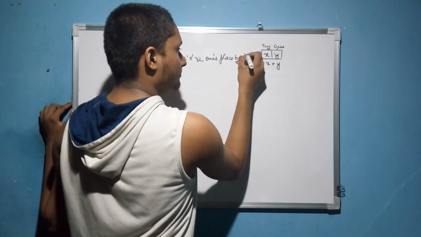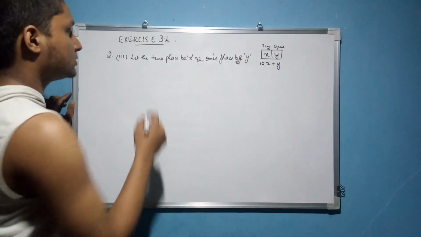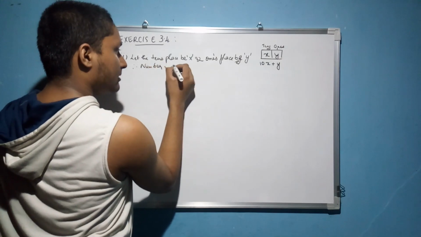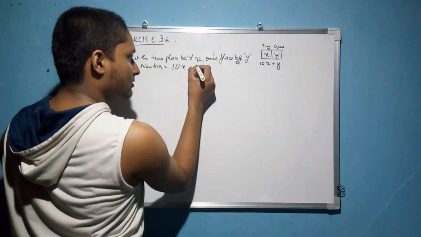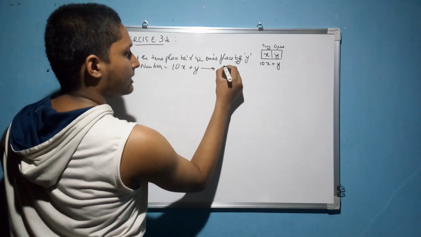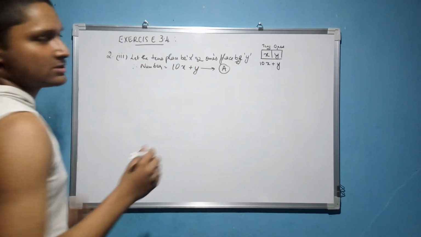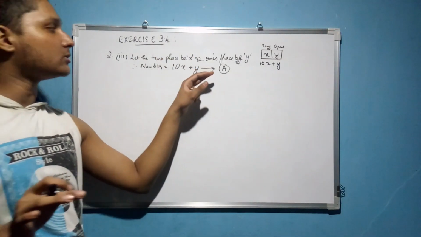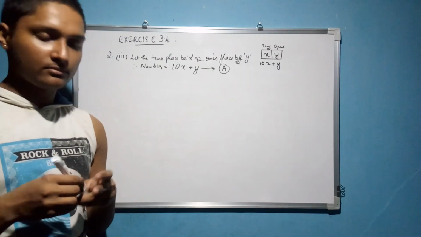This much we got. Therefore the number is, you are asked to find the number. At last you need to get to this. So the number comes to be 10x plus y. This is equation A I'll mark, because I get confused with 1, 2, 3. So let it be A because you are coming to this at last.